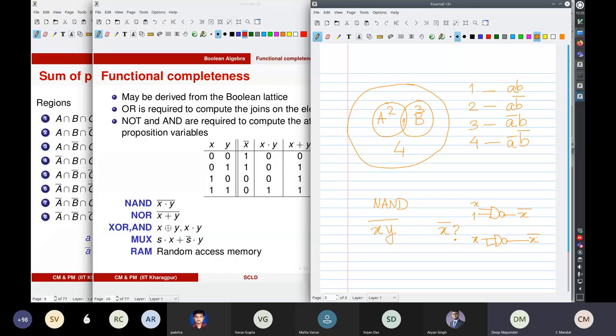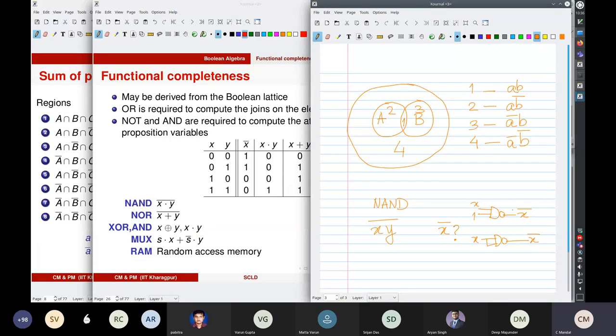That is an important observation. So you could say that NAND by itself is functionally complete.